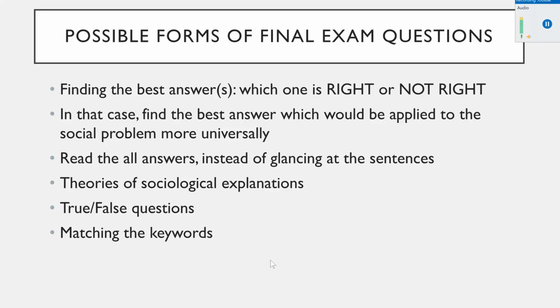I try my best to make clear selections in the true and false questions as well. And there is matching of keywords, what the right explanation is and what the right term is for that situation. So there are no surprising formats.